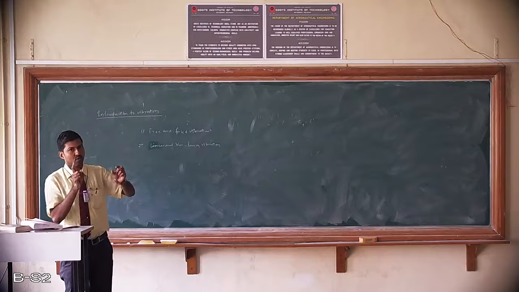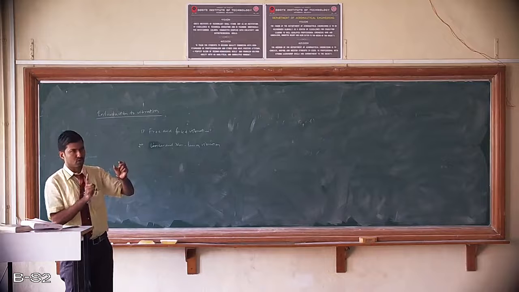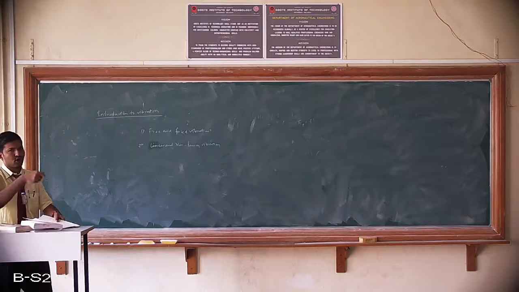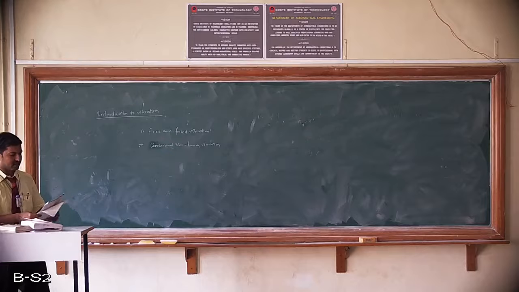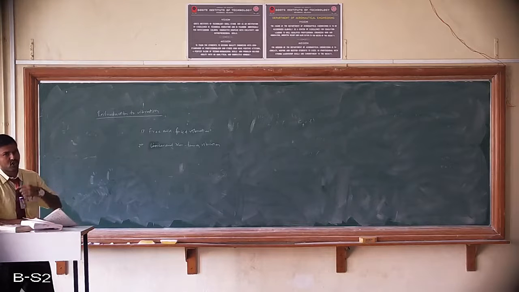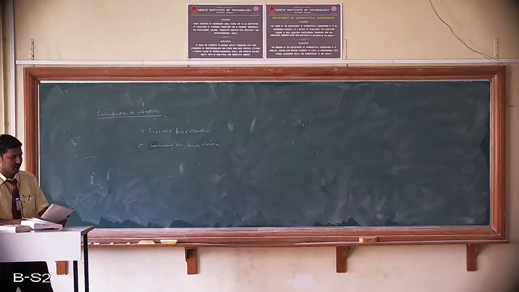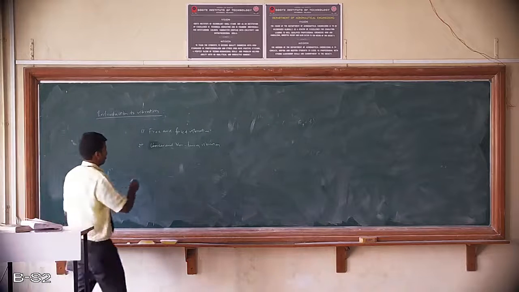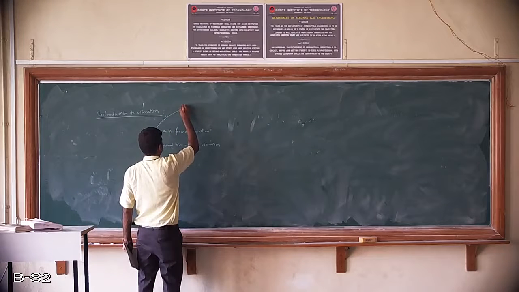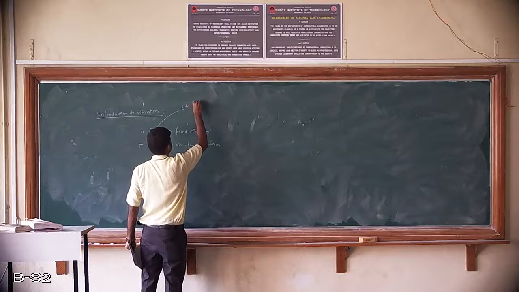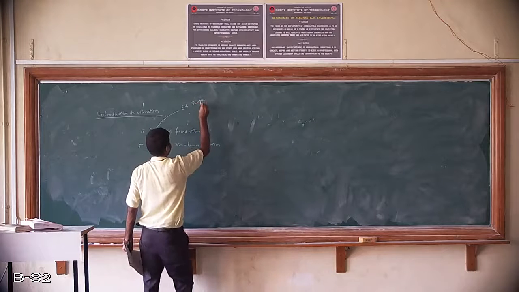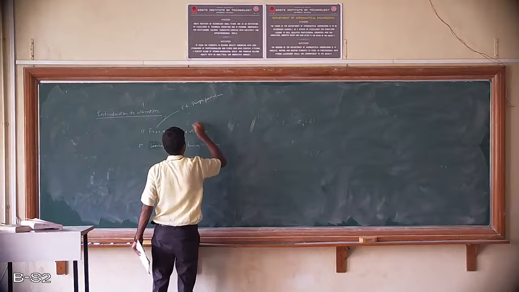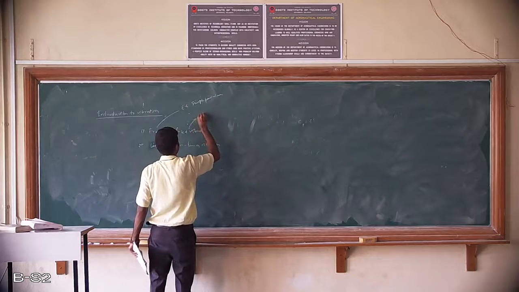Even though I have pushed it only once, after removing the external excitation, the system vibrates on its own. Such vibration is known as free vibration, and the example for free vibration is the simple pendulum.